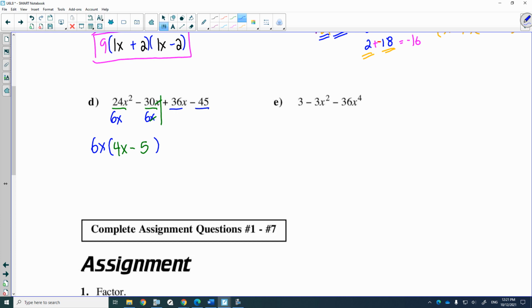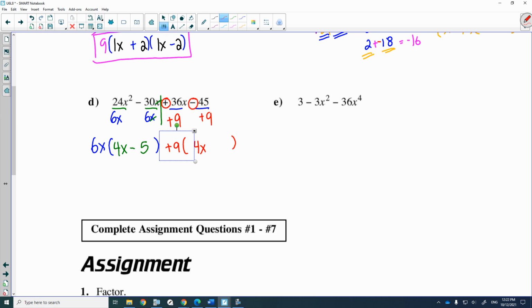You then go to the right-hand side. Do you know what would be the GCF of a 36 and a 45? 9. Plus 9 or minus 9? Plus 9. Whatever that is, that sign. So it would be a positive 9. And you would say, okay, 36 divided by 9 is 4.